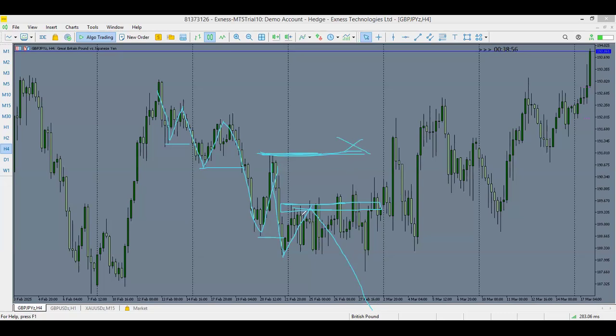Right. But there are situations where we advise that when price is moving sideways, if you must take a trade, just take smaller take profit levels. Preferably, don't even take a trade when it's moving sideways.